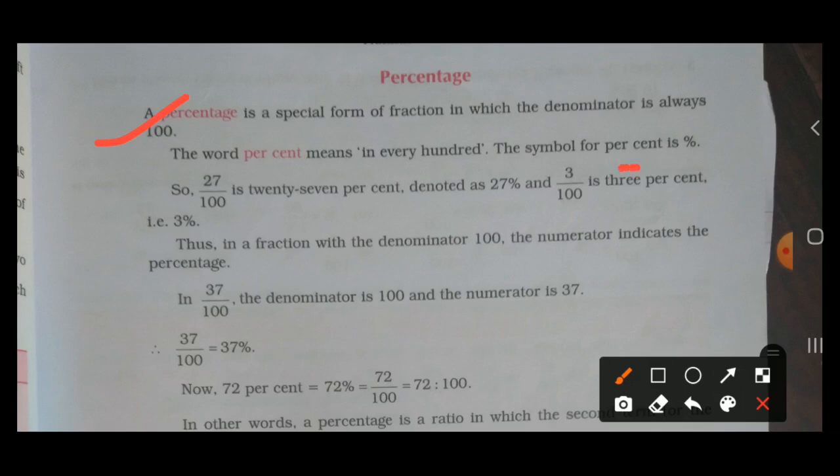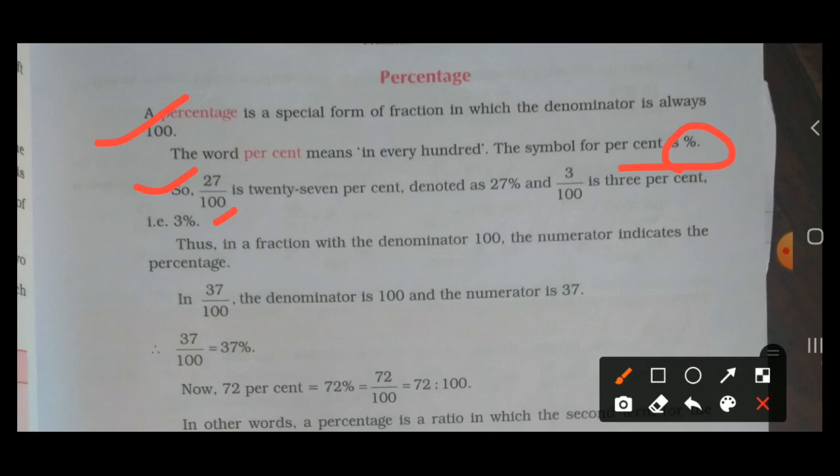The symbol for percentage is this. So 27 upon 100, if there are 100 in the denominator, is in percentage form.